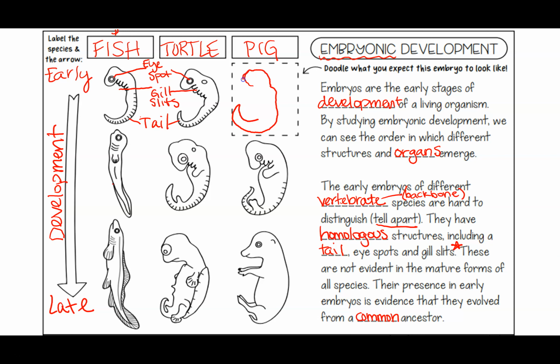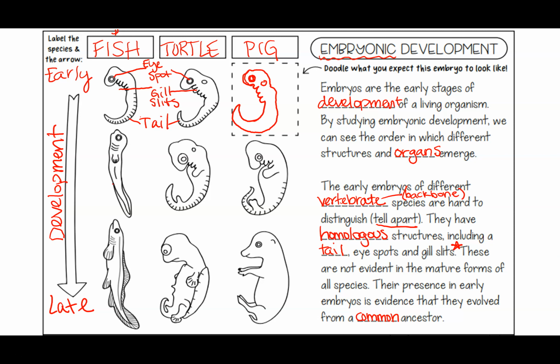Here is that nose looking thing, and then we need some gill slits, and then we're going to have a tail. I made my tail really big. It's totally up to you, but you at least have to have an eye spot. There's my eye spot, there's my gill slits, and then there's the tail. Eye, gill slits, and tail. Maybe you can draw a little bit better than me.